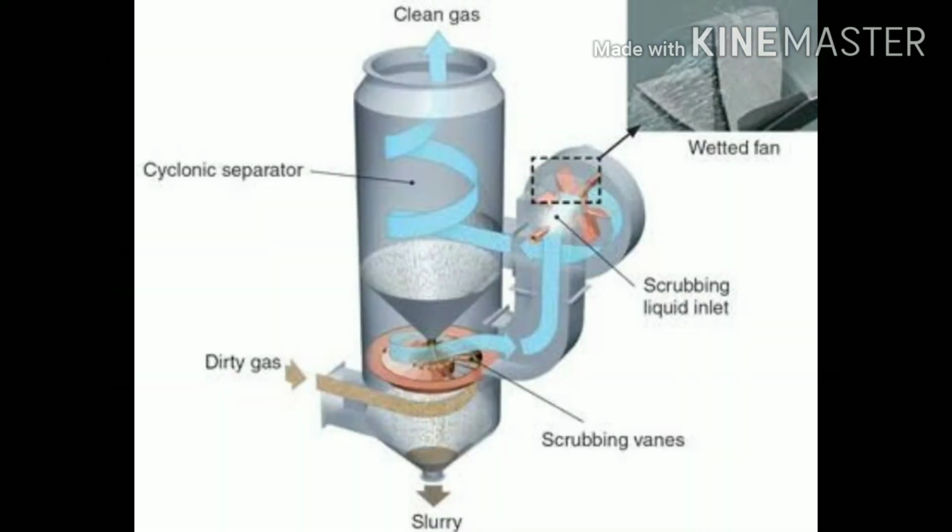Next is scrubber. Scrubber is a device to catch pollutants during the emissions by spraying of water. So, the pollutants can be removed by spraying of wet lime powder into the hot exhaust chamber.